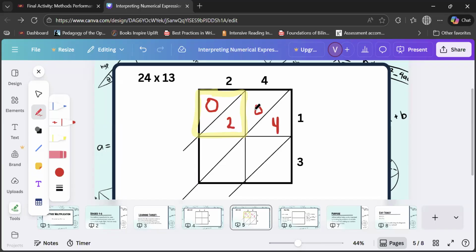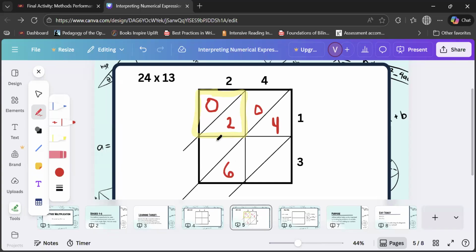4 is a single digit, so we put it in our ones place, and we put a 0 in our tens place. Now that we've multiplied 2 times 1 and 4 times 1, we're going to move down to this box. Instead of multiplying times 1, we're multiplying times 3. So we're going to do 2 times 3 equals 6. 6 goes in our ones place.